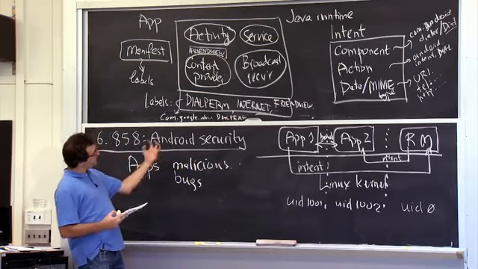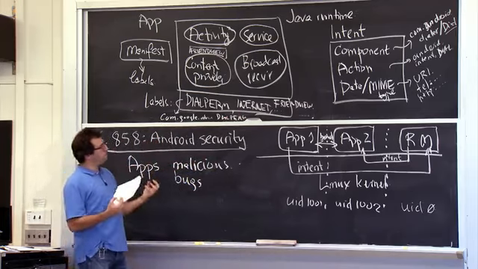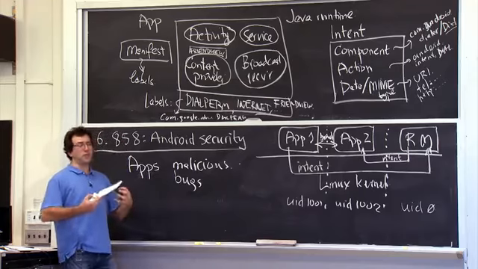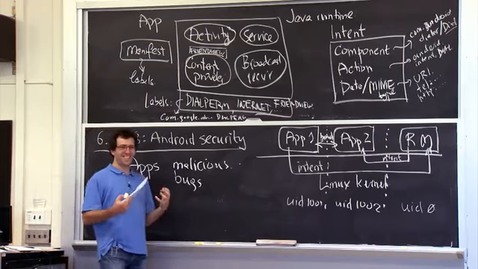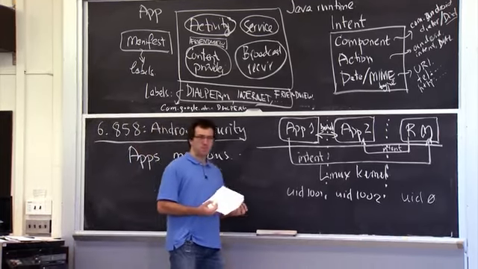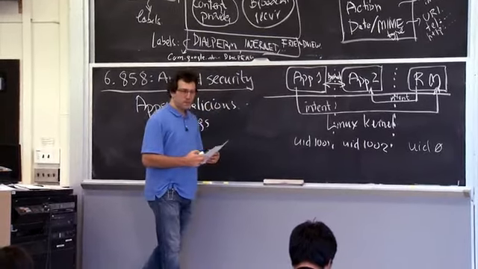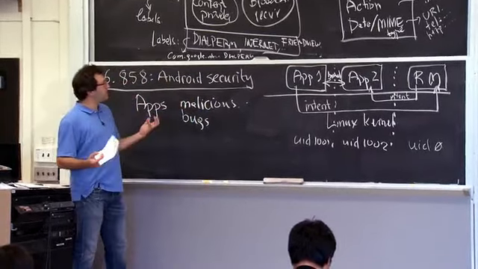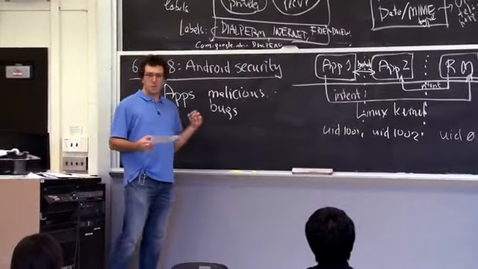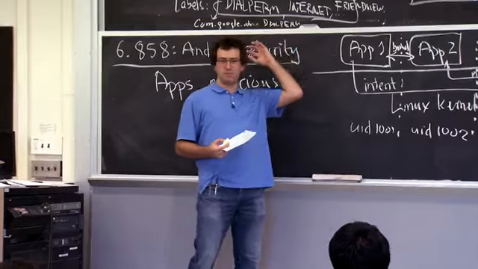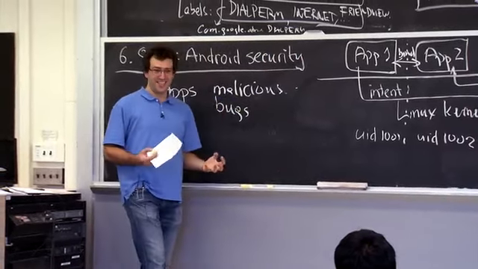Here it's actually quite flexible, but the cost to it is that you have to get the developer or the user to check that the developer is asking for a sensible set of permissions, or the user trusts this developer with these privileges. So it's a little bit unfortunate. It's probably one of the biggest security problems in practice with Android, which is that users are quite willing to give away these permissions if they really want an application.